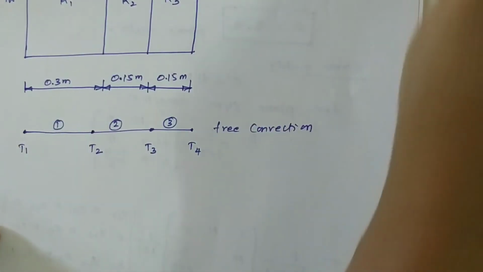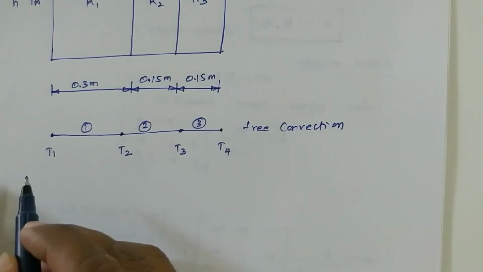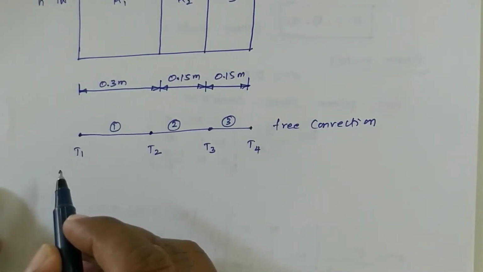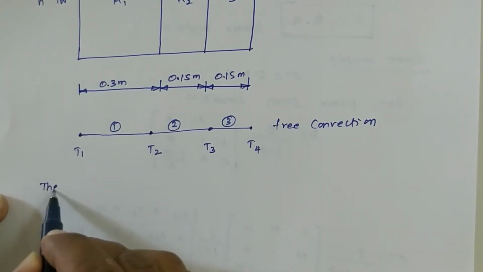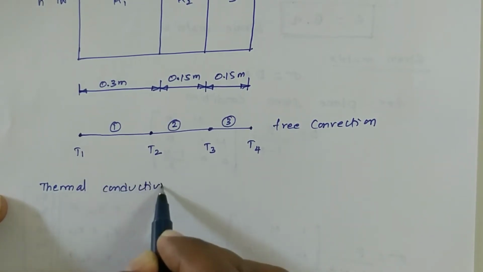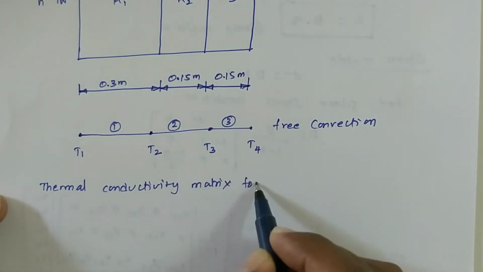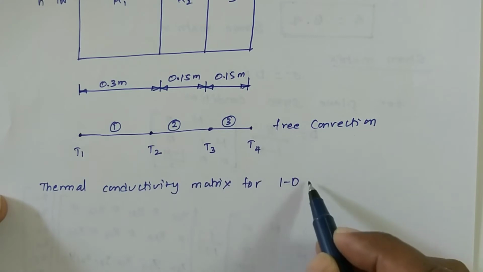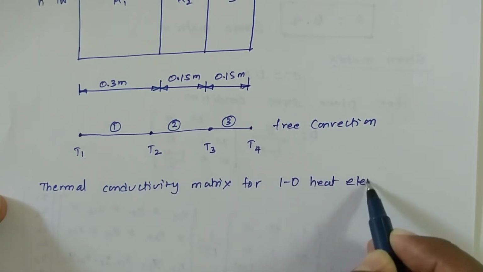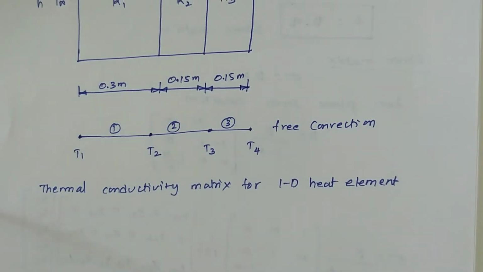Now the thermal conductivity matrix. To start with, we will find out the thermal conductivity matrix for a 1D heat element, which is given something like this.